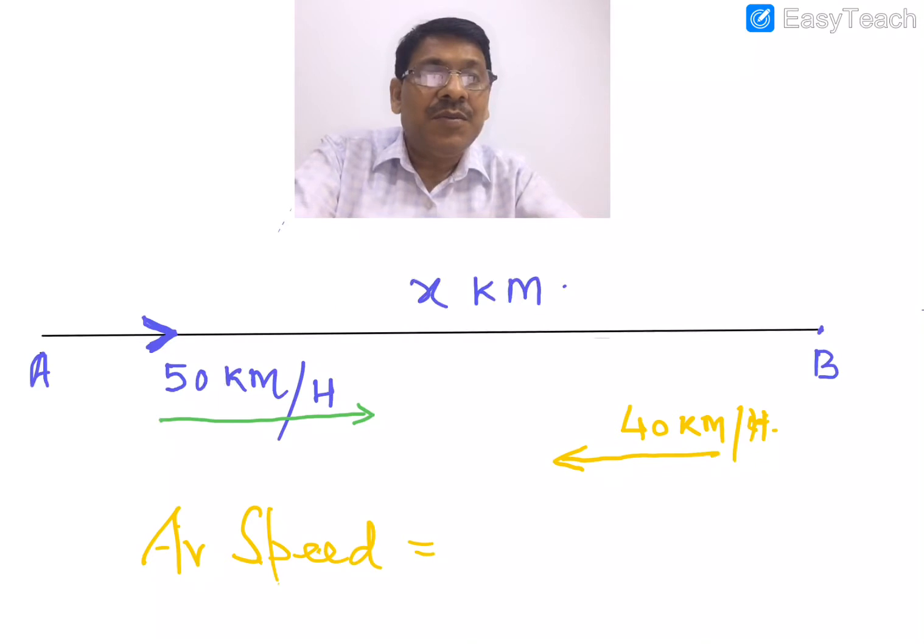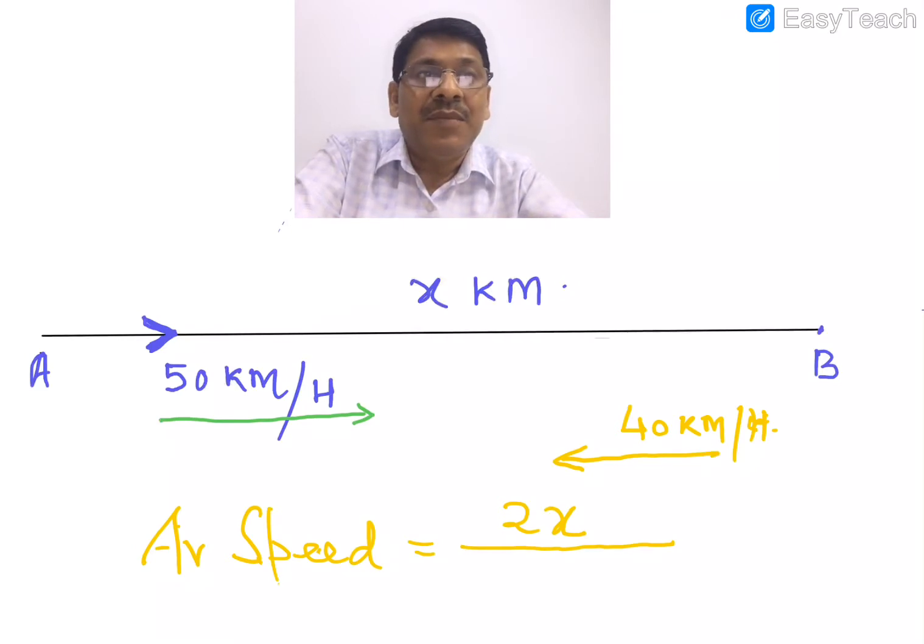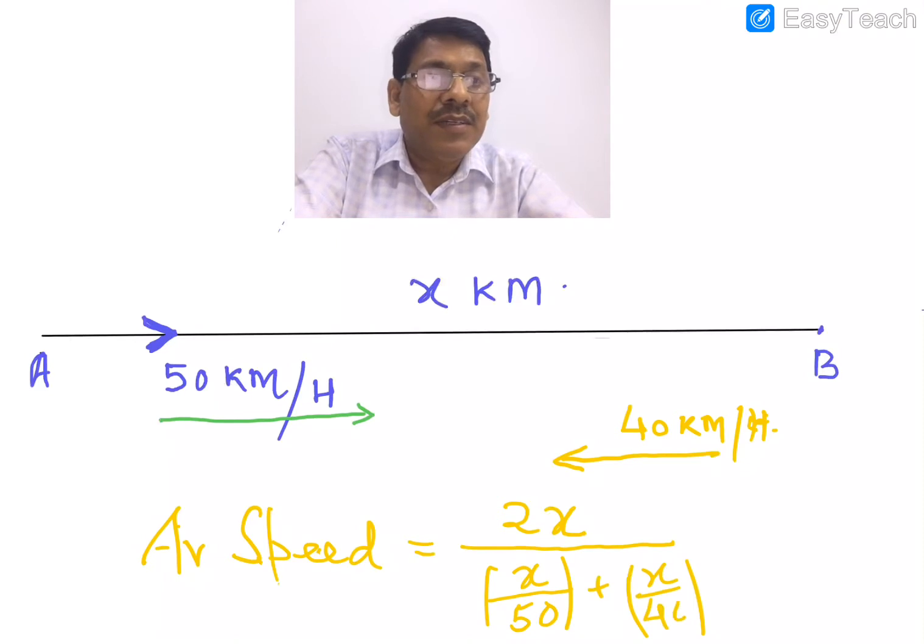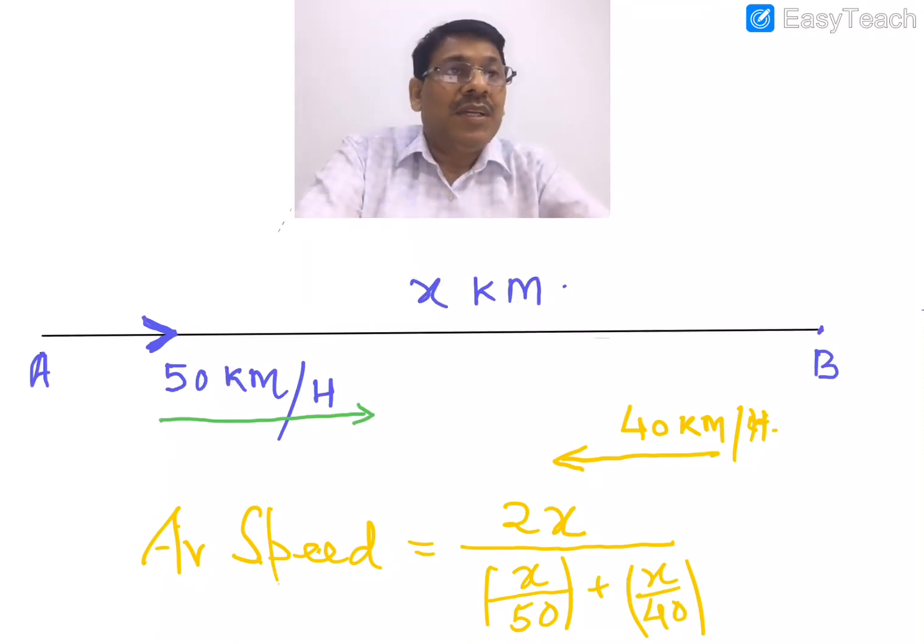Average speed is the total distance covered. You know, total distance covered is here 2x, x plus x, and total time taken. Time is the distance divided by speed. This is the time t1 and time t2, x upon 40. You can compile it.